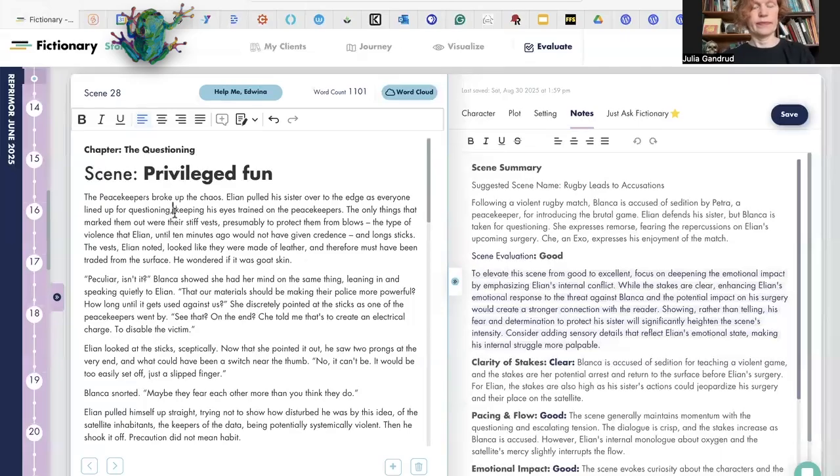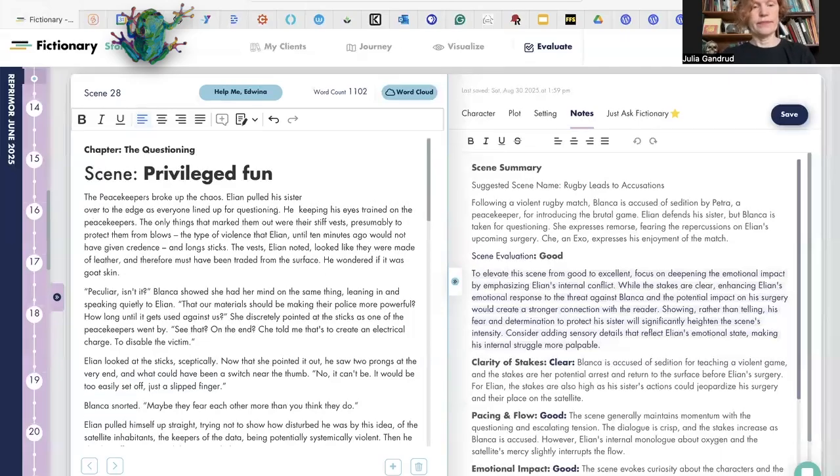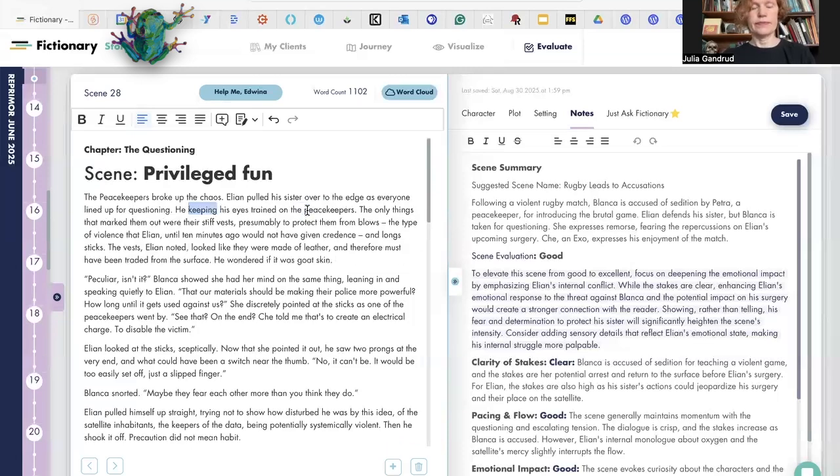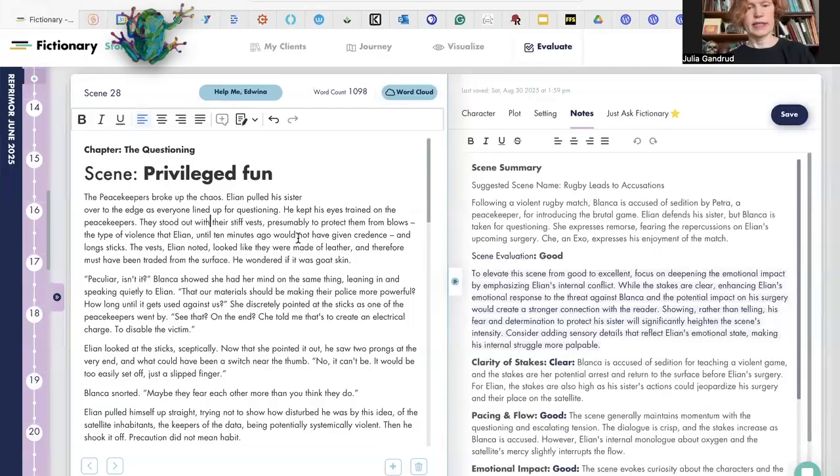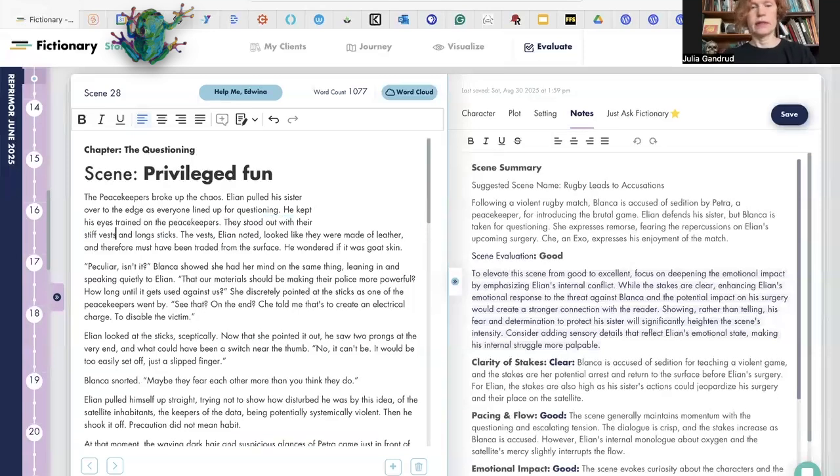He kept his eyes trained on the peacekeepers. They stood out. So I have the only thing that marked them out, whatever. They stood out with their stiff vests and long sticks. We really don't need most of that. The vests, Elian noted, looked like they were made of leather.